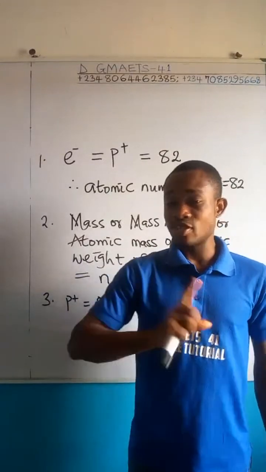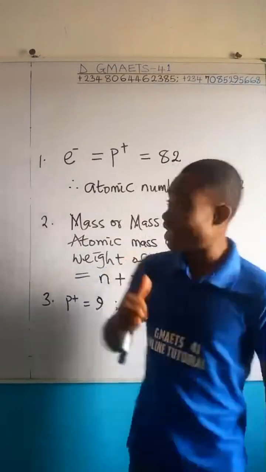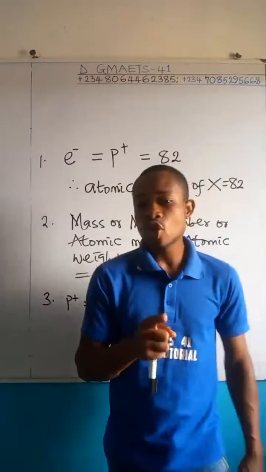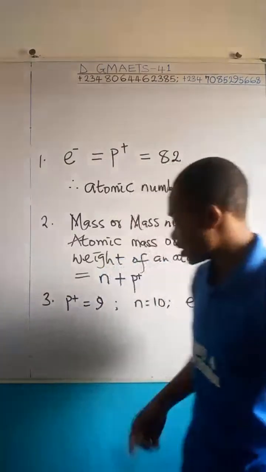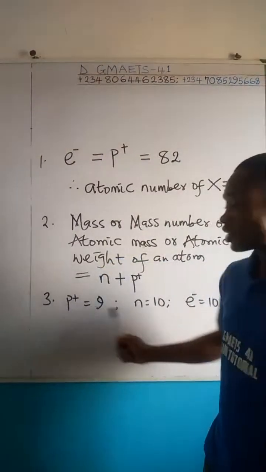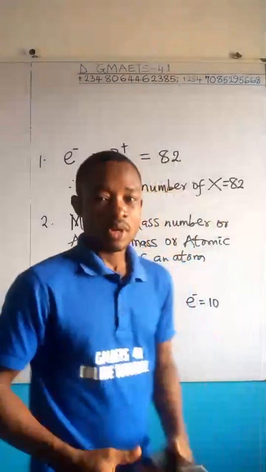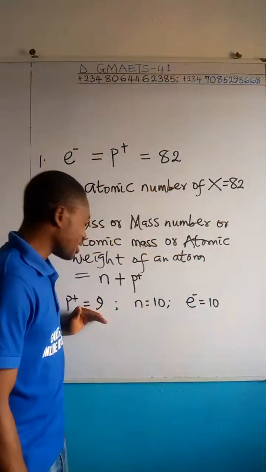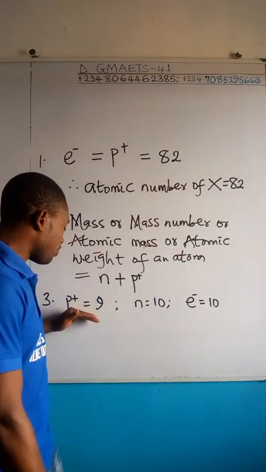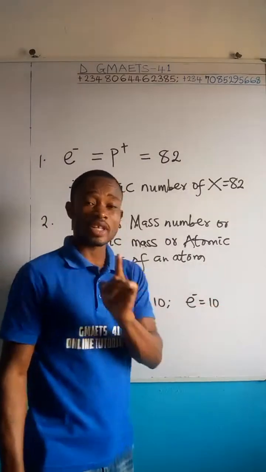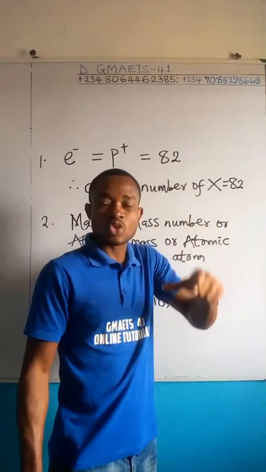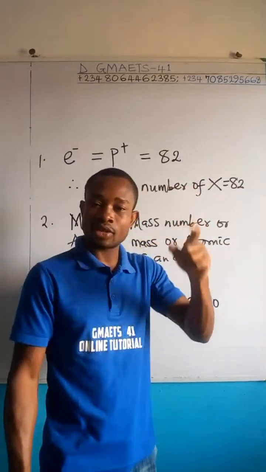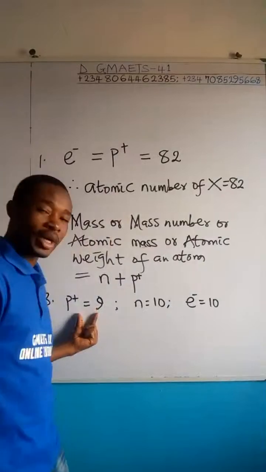If the atom has not reacted, as I said in question number 1, the number of protons and the number of electrons are expected to be the same. I repeat, when an atom has not reacted, the number of protons and the number of electrons are expected to be the same. The main number that determines what that atom is, is the proton number.